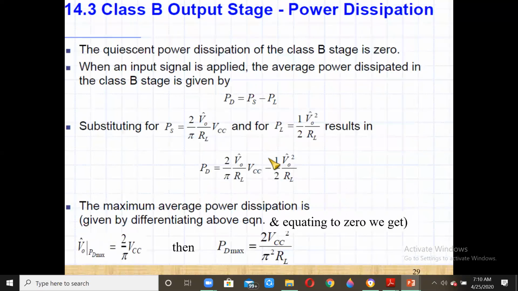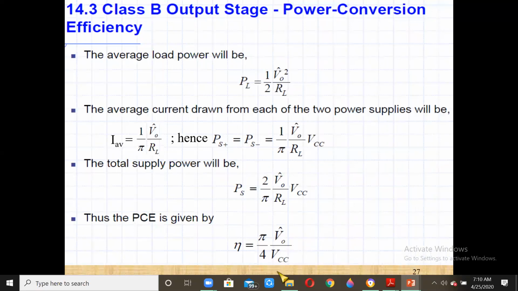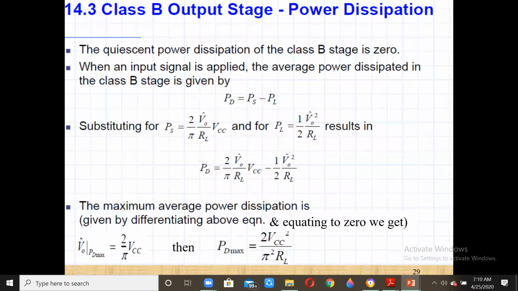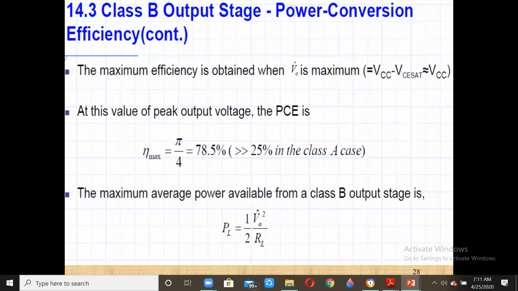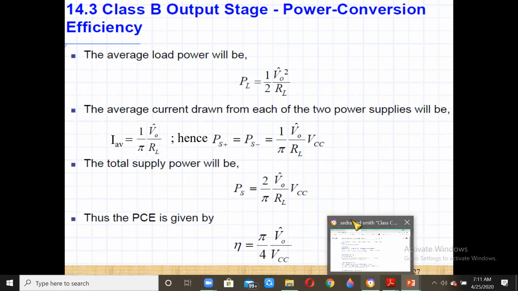That is because if you substitute V naught equal to 2 by pi VCC in the efficiency equation, pi will cancel, 2 and 4 are left, VCC also will cancel, and it will just be half.